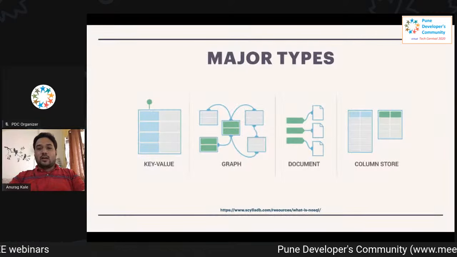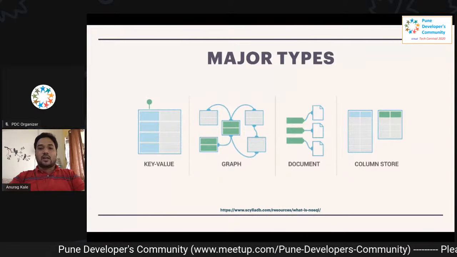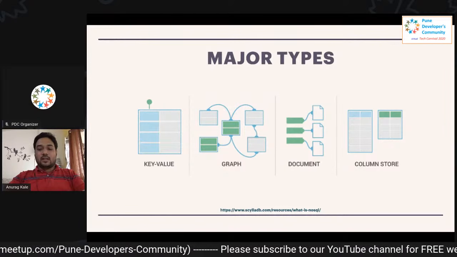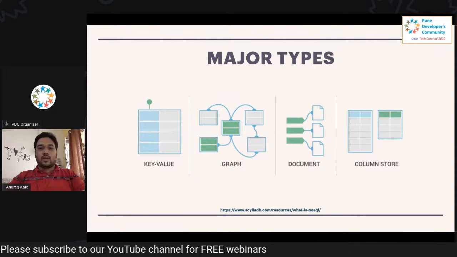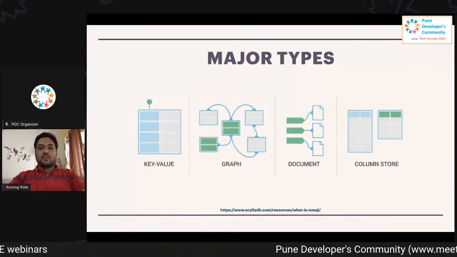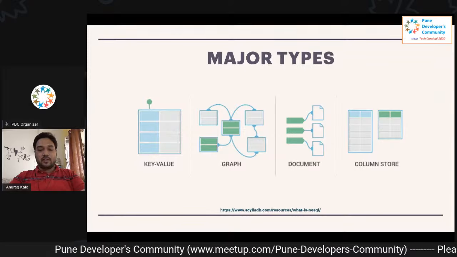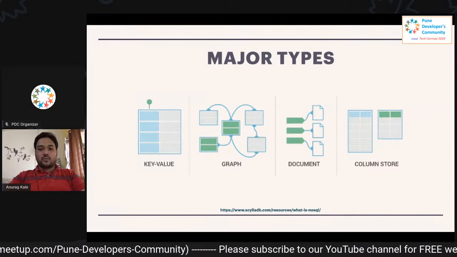There are majorly four types of NoSQL databases. People might argue there are more, but like I said, the broad definition makes it difficult to categorize it very clearly. The four major types we see in the market currently are key value stores, graph databases, document databases, and column store databases.